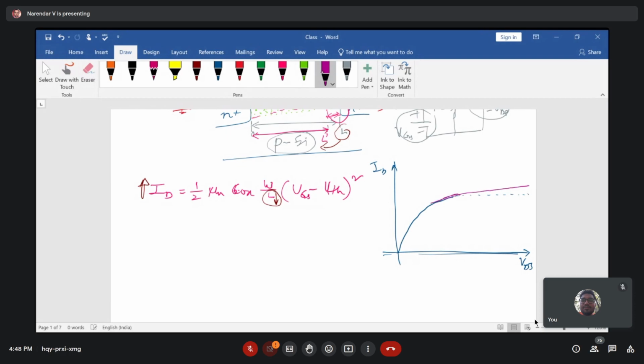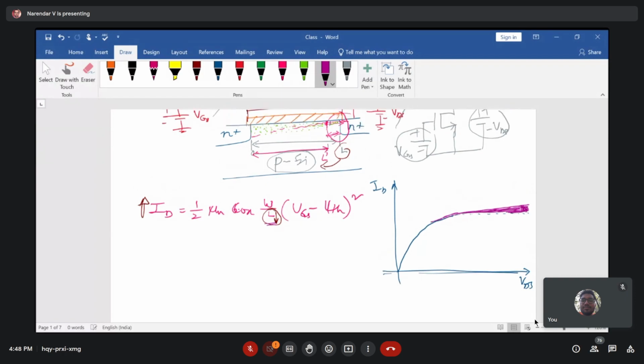It is because of the decrement of your L. This variation here, you can see that colored line. As ID increases, you can see more variation here. The difference here is because of the decrement of your L value because of pinch off at the drain region.